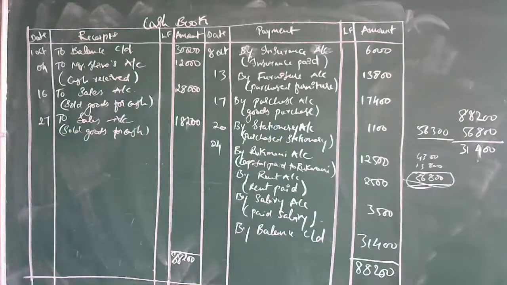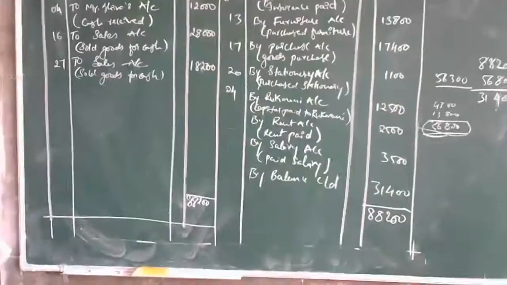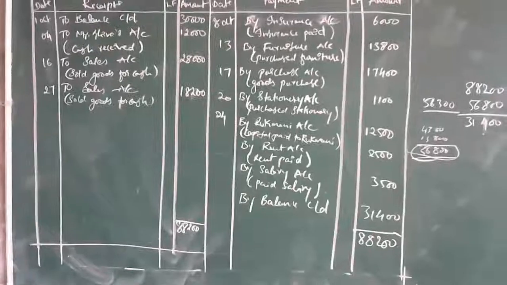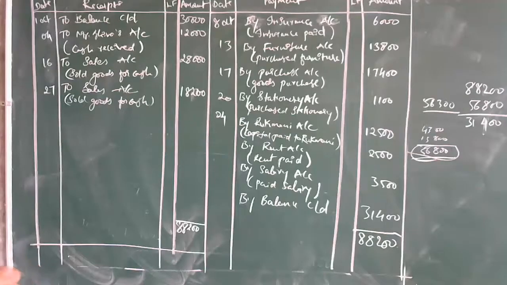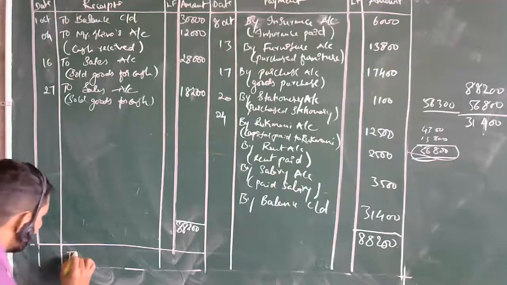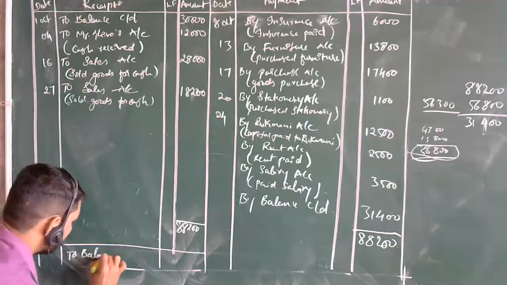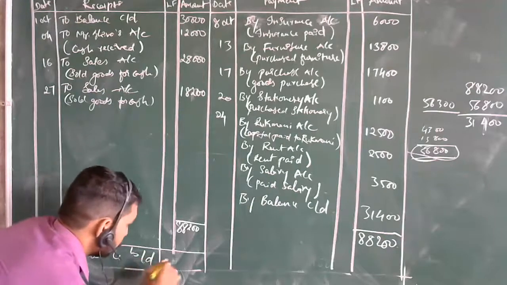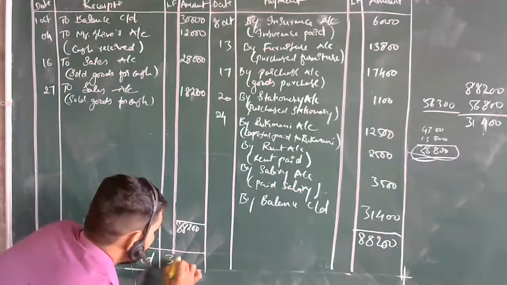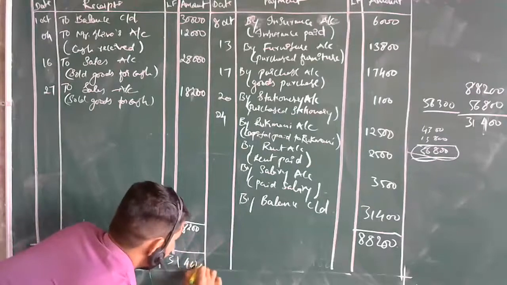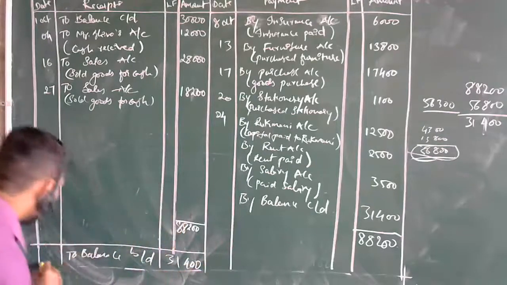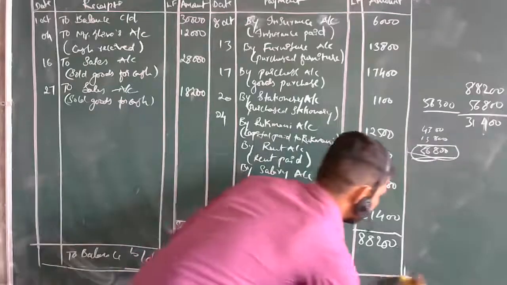See, check it out. I am making the entries at the end part. Here you write to balance brought down, 31,400. That's it. So here we end the problem.